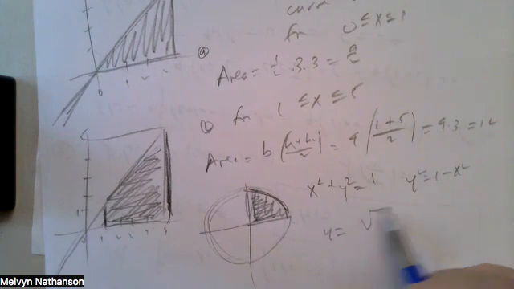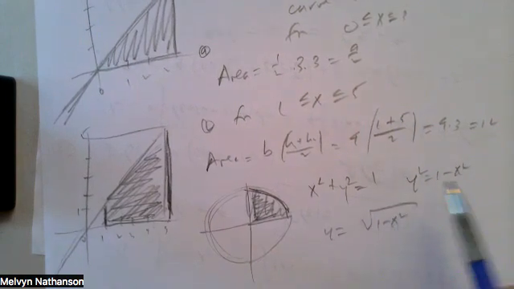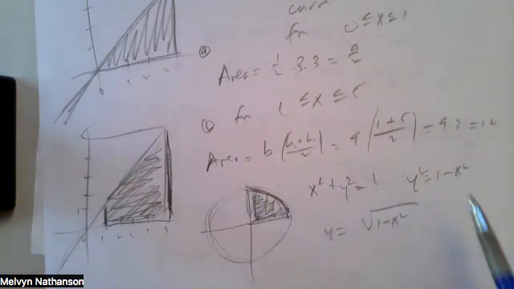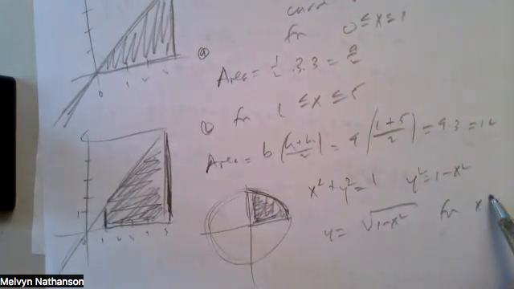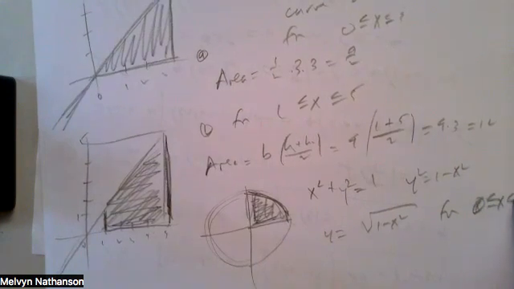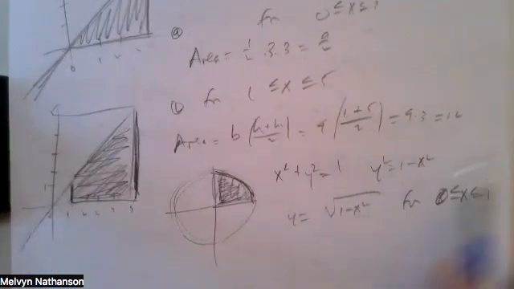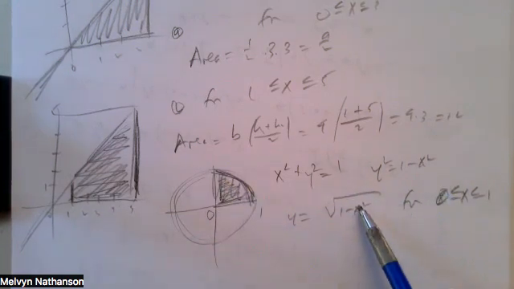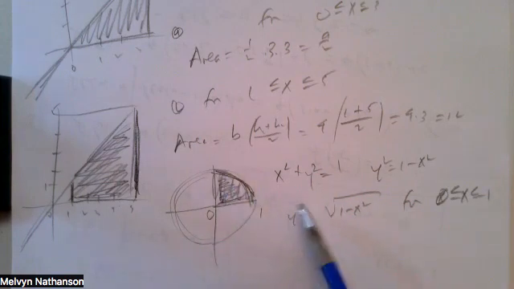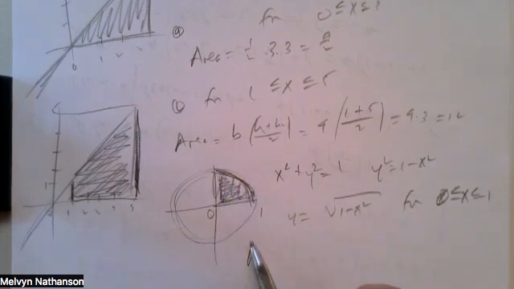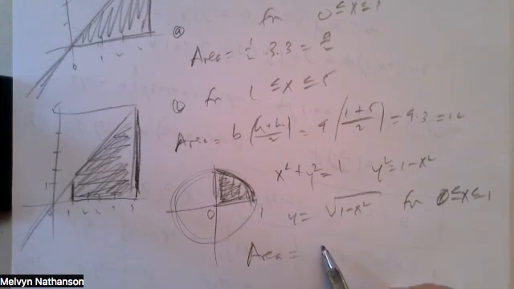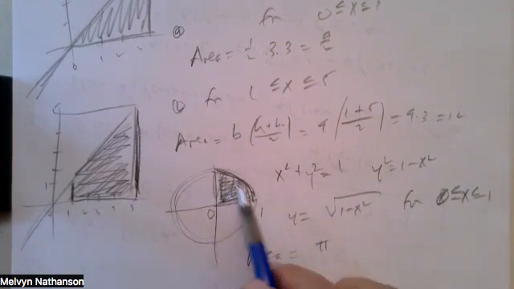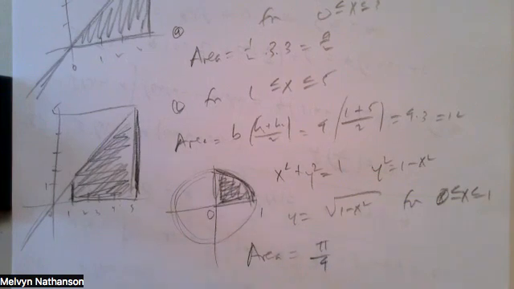So y is plus or minus the square root of 1 minus x squared. And I take the plus sign if I want the top half of the curve for x between 0 and 1. So from 0 to 1, here's the curve y equals the square root of 1 minus x squared. That looks like a complicated function, but of course I don't need that to find the area. The area of a circle of radius 1 is pi, and this shaded part is 1/4 of it, so that area is just pi over 4.